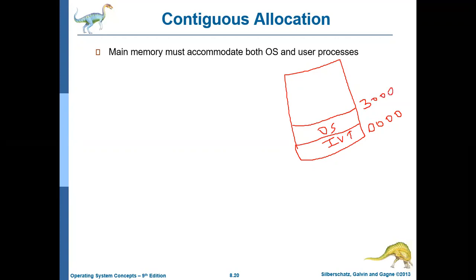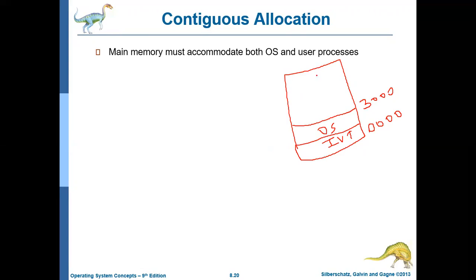Typically the operating system and interrupt vector table will be stored in the lower address, but there is no hard and fast rule. Some operating systems may assume that it is in the higher address. But throughout our discussions, we will assume that the operating system is stored in the lower address along with the interrupt vector table.